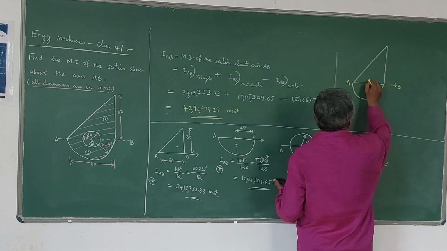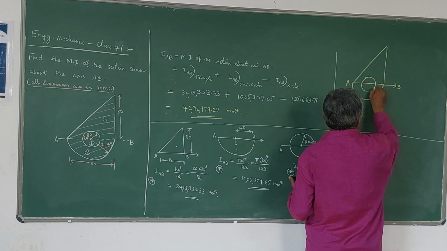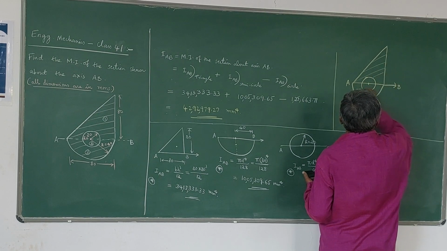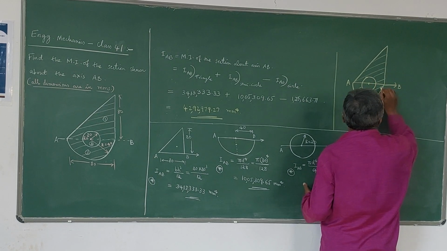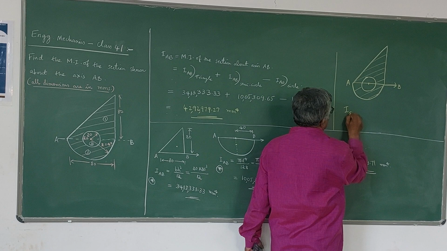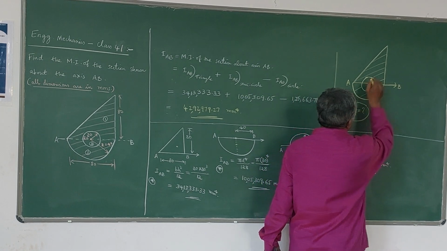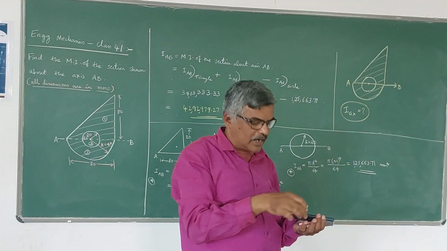The circular portion is cut here, so the shaded region is this. This is what he has given. Suppose he asks for IGX also. IGX means the moment of inertia of the shaded region about its centroidal axis.